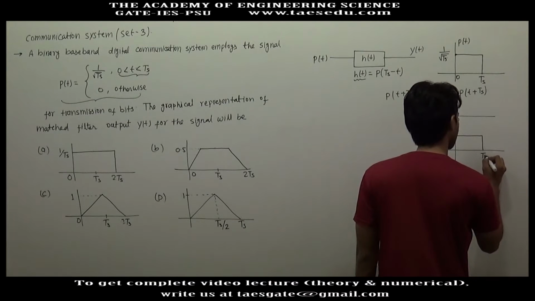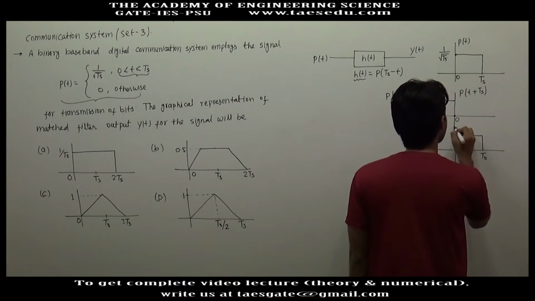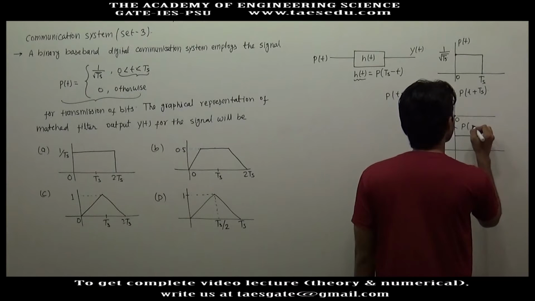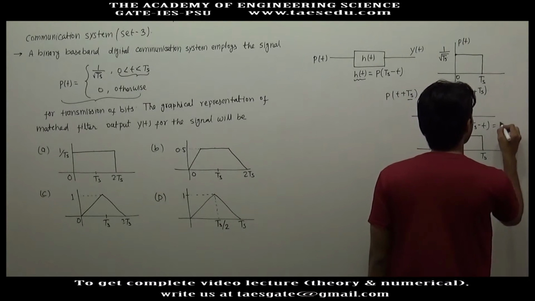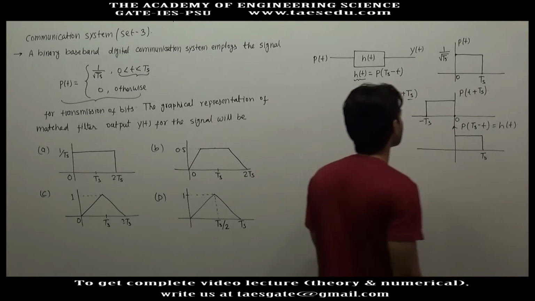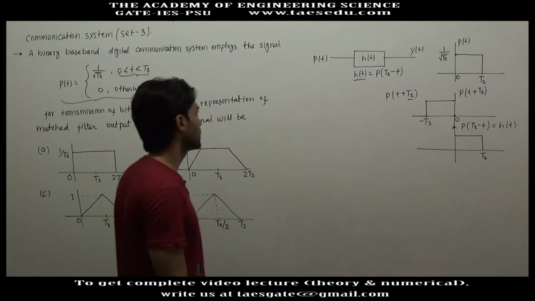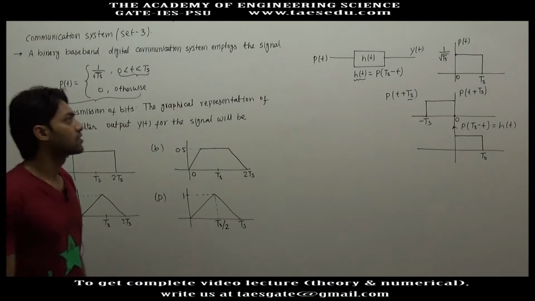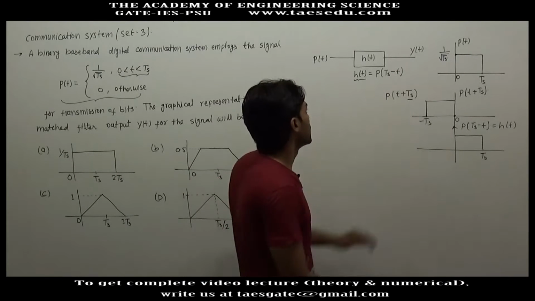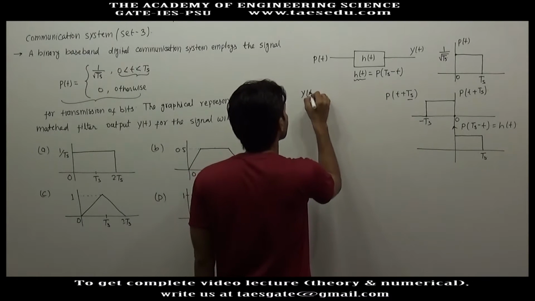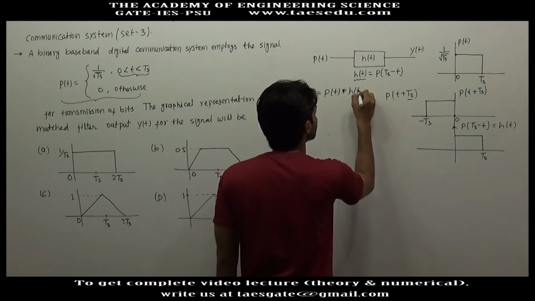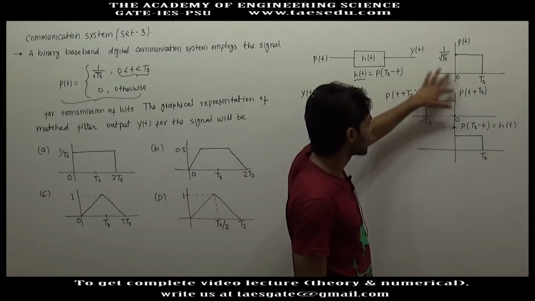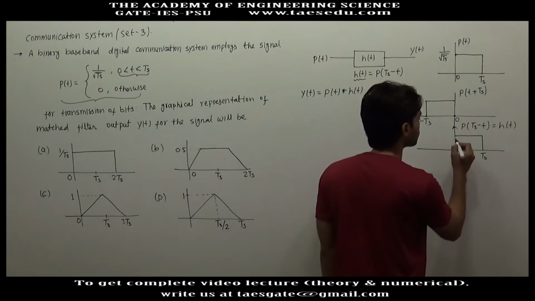So this graph is p(Ts - t), or h(t). In the question we have to find out the graph of y(t). So y(t) is nothing but the convolution of p(t) with h(t).